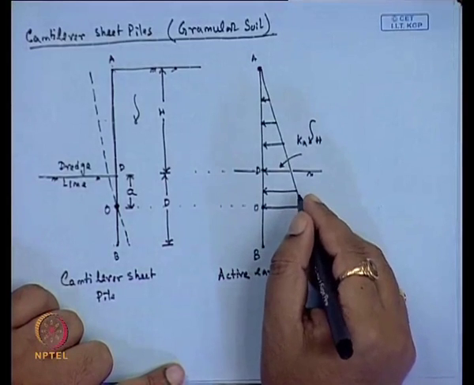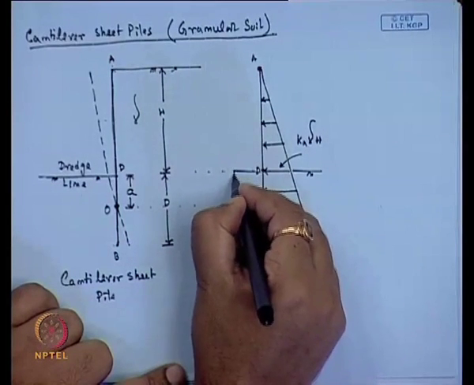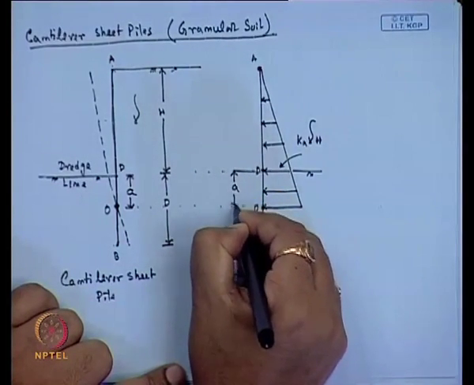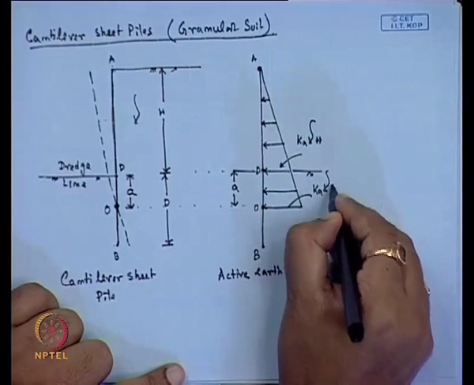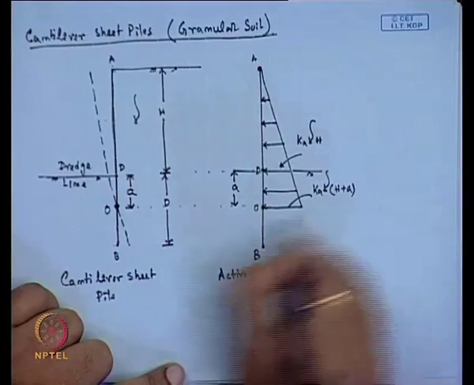Similarly, at this point, because this distance is A, this will be K A gamma into H plus A.